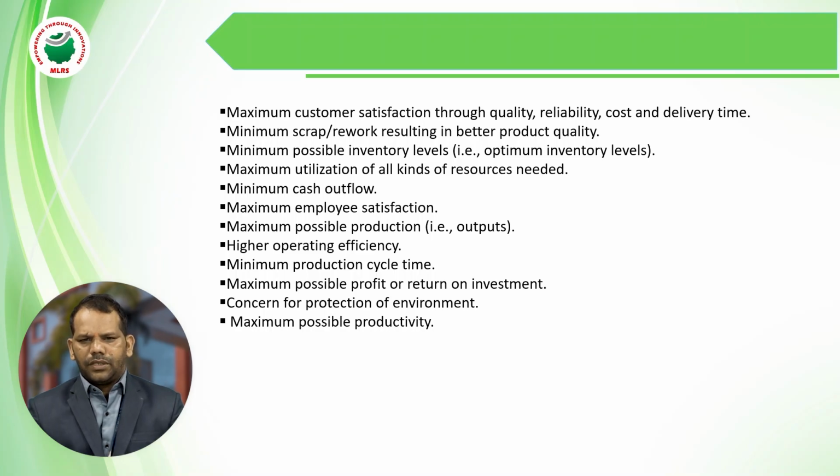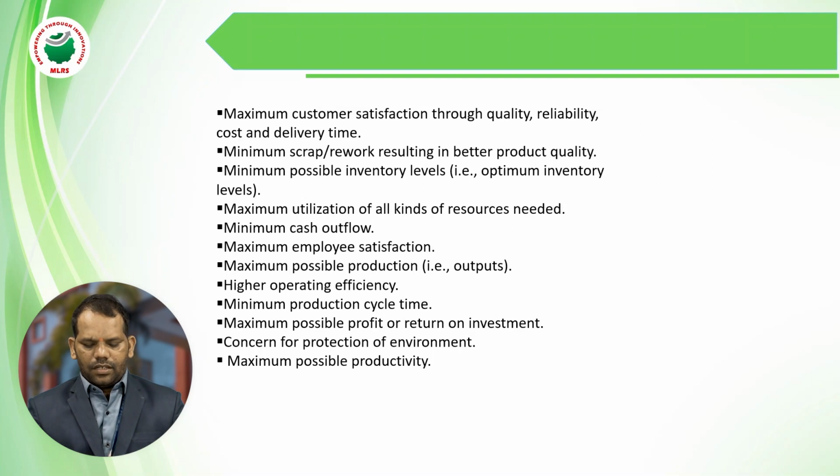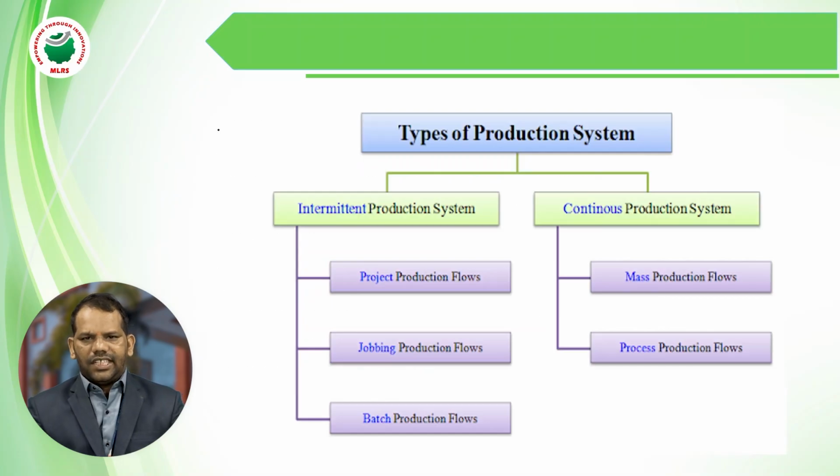Then only can we fix the price of the product high, and get a huge return from the business. So we get the desirable productivity. Next, maximum customer satisfaction through quality and reliability is very beneficial to the organization.